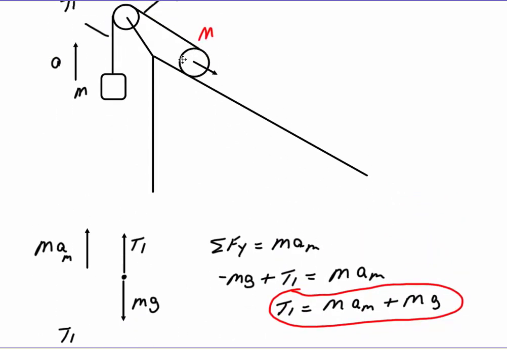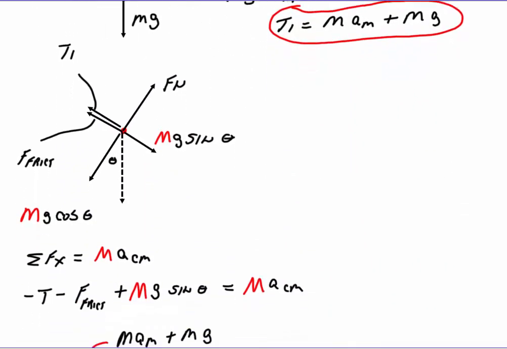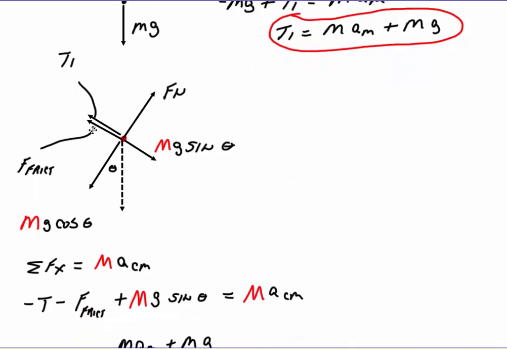Now, if this object is rotating, it must have some type of frictional force here. Even though the problem doesn't state it, it has to have some type of frictional force. So the forces that would be pulling on the center of mass of this object would be friction, and T1, which is the tension in that cable. I have this one here, which is going to be mg coming down, times the sine of this angle is going to give me this vector coming down this way.